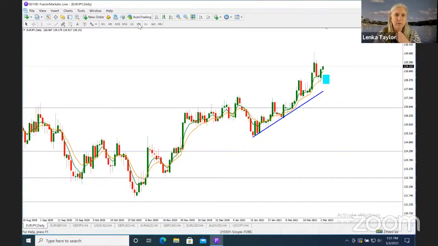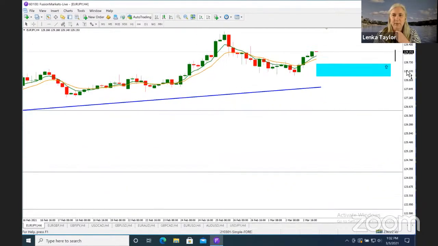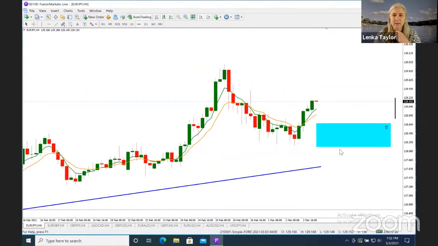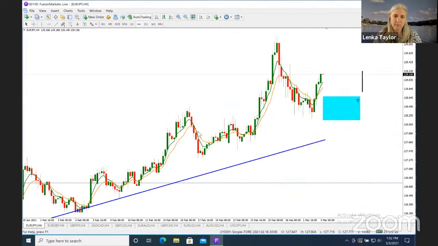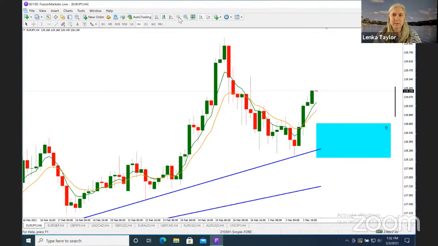On the 4-hourly, I didn't quite get the setup as deep as I would have liked, but it is in line with this sort of line here. And there's enough room for profit. So I'm going to look at entering that trade.